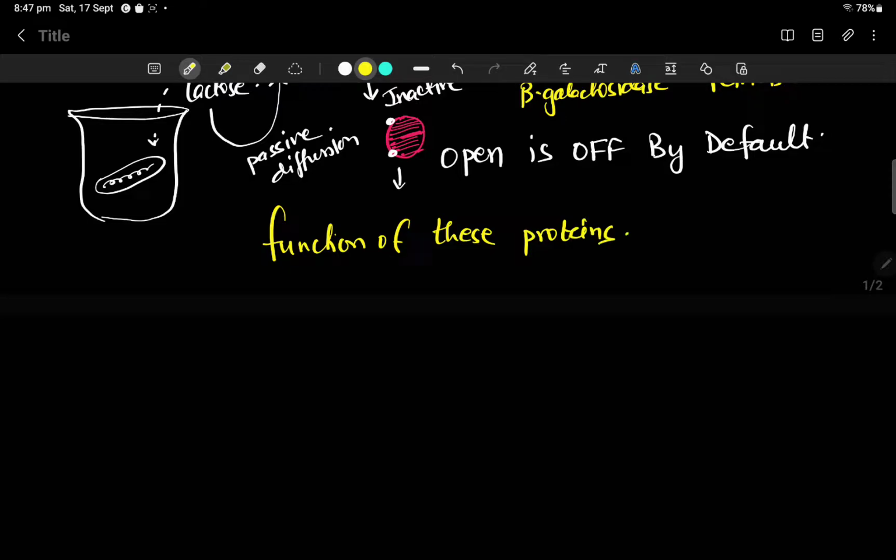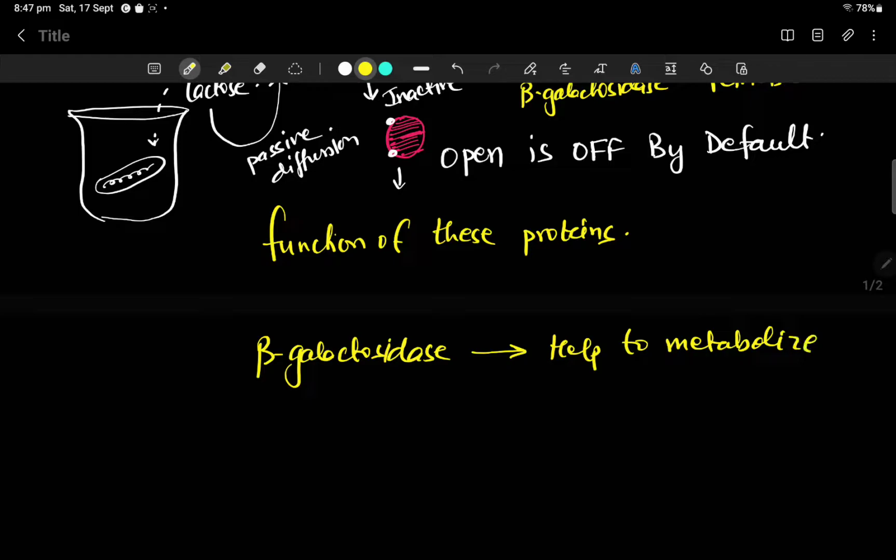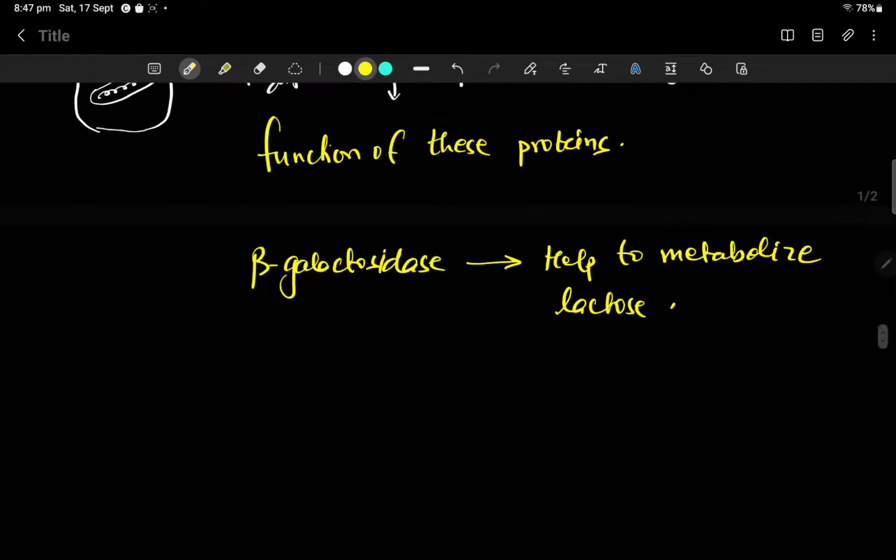So beta galactosidase will help to metabolize lactose. So we can just write it like this.